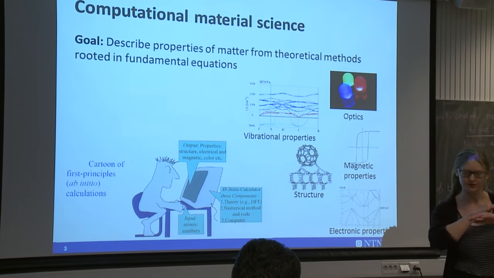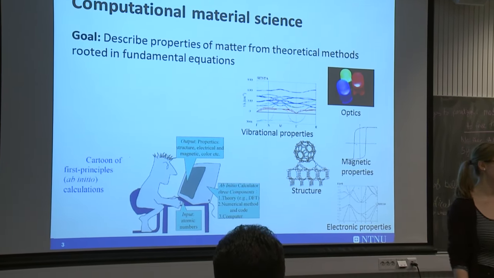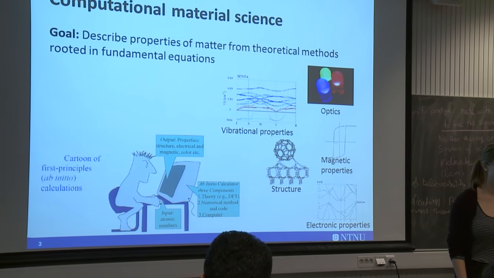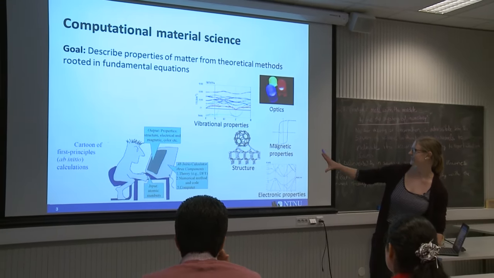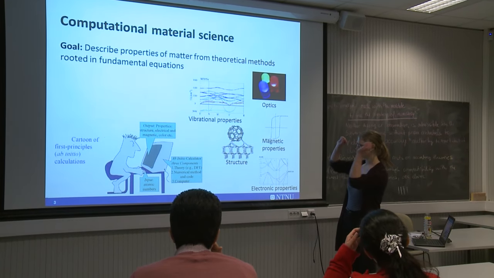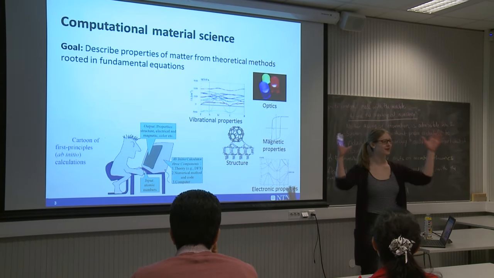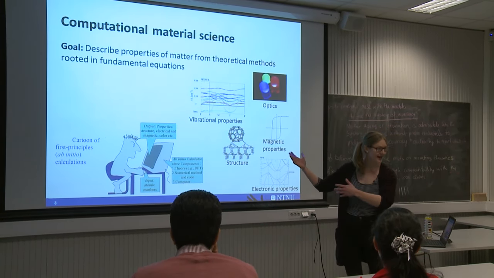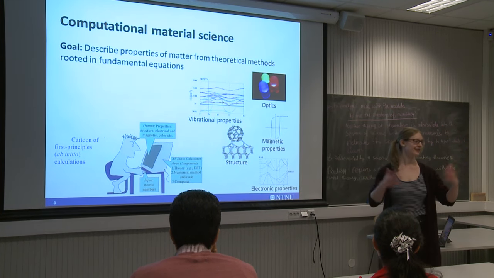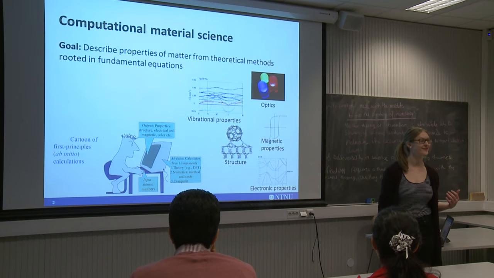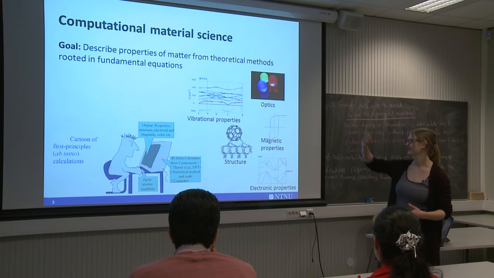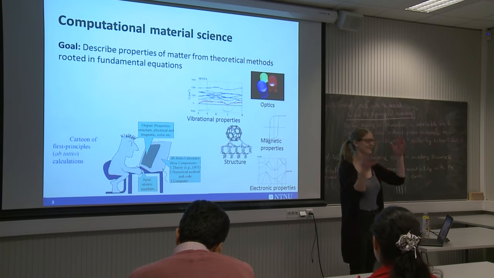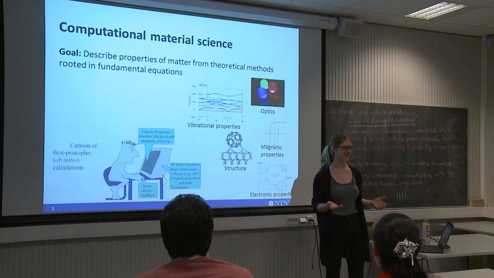It's just plain and simple quantum mechanics building up the world, right? So you just set up your experiment and then let the computer apply the theory, and then I get out a lot of nice properties describing my material. So structural properties, vibrational properties, electronic, you name it, you can get it out.